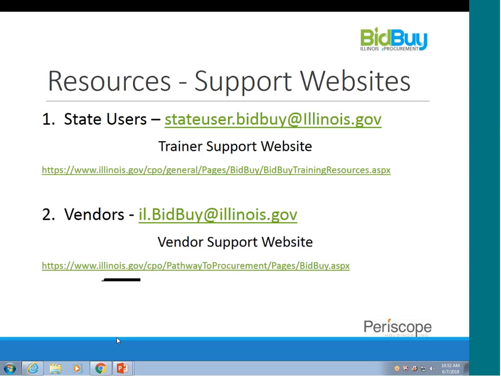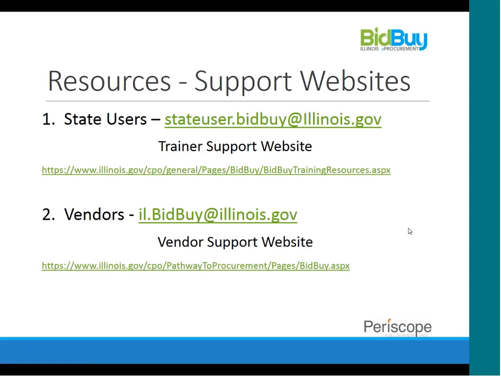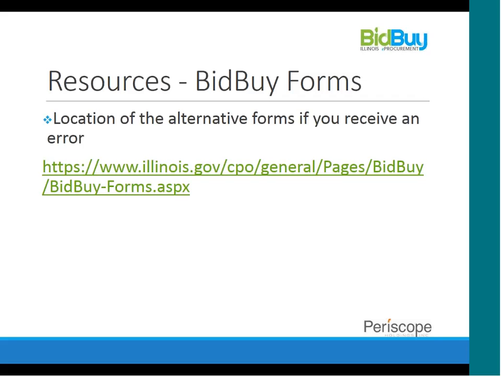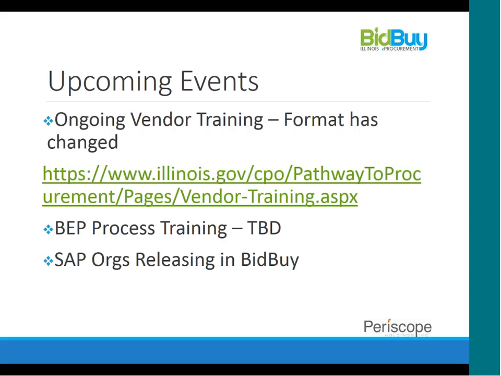Whenever we do anything that's major, we will definitely address that during one of these sessions, but always best to go in and get clean, up-to-date training materials when you're going to either do something for the first time or conduct training. And then location of our alternative forms, that hasn't changed, that remains the same. If you're working and you're looking for a specific form and it doesn't work, you can go out here and grab that form and then let us know.